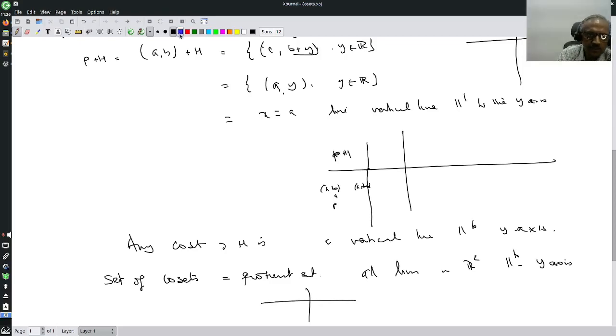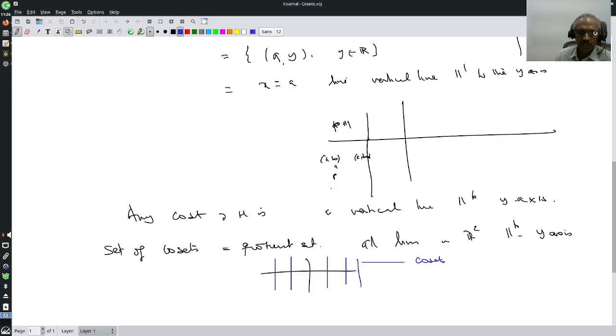So these are the cosets. Now you can also understand geometrically why, given any two cosets, either they don't have any point in common or they are identical.